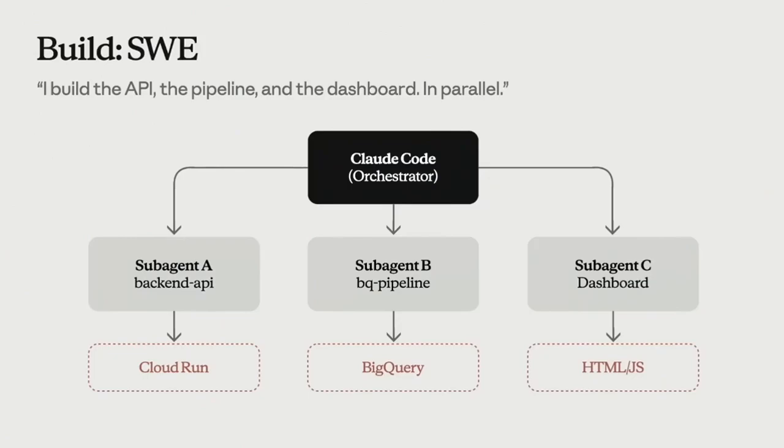As you can see here, we are going to spin up three different sub-agents: one for the API, one for the ingestion pipeline, and the other one for the dashboard. You can parallelize the implementation of each of these components, just like you run a team sprint in your normal, usual development lifecycle. So let's see this in action as well.